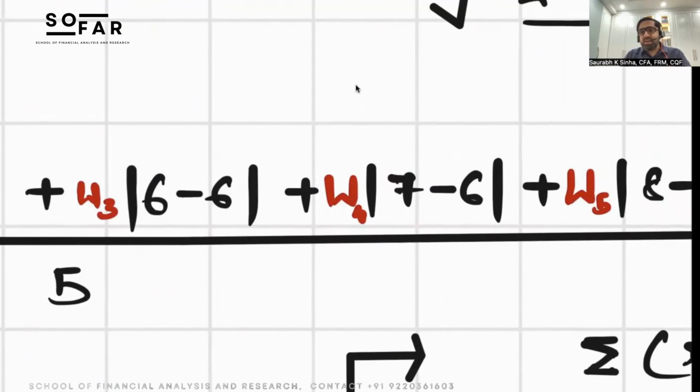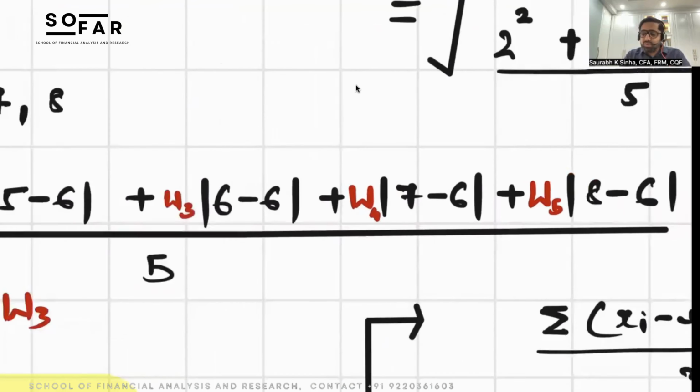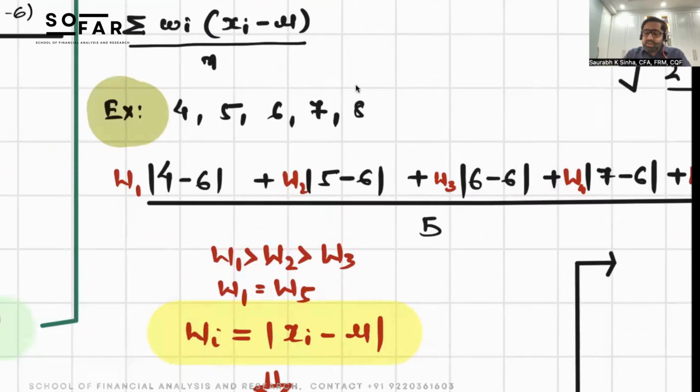If I'm doing 7 minus 6, weight 4, and so forth. In such a manner that the higher the distance in absolute terms, the higher the weight. So 4 minus 6 is 2, which is greater than 5 minus 6, 1. So the weight of 4 minus 6 is higher, the weight of 5 minus 6 is lower, and the lowest would be the weight of 6 because it is at the center.